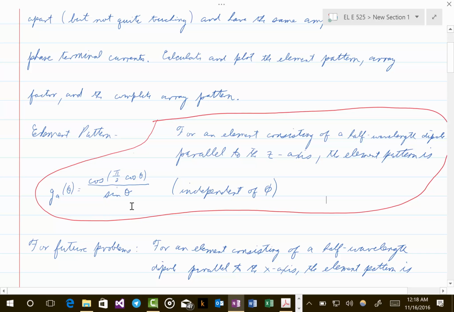Now, we don't need this additional note for this problem, but we will need it for lecture 21.